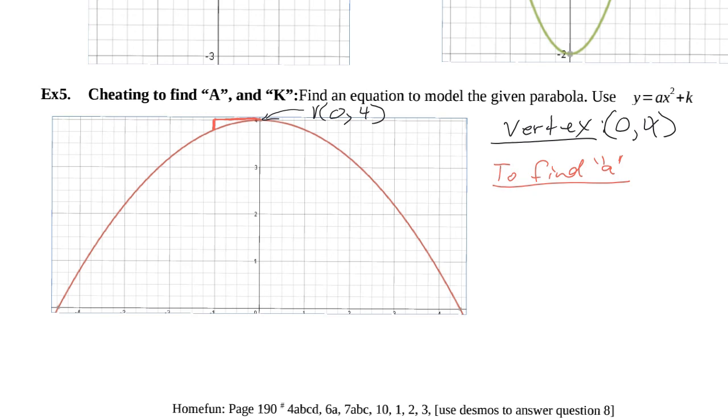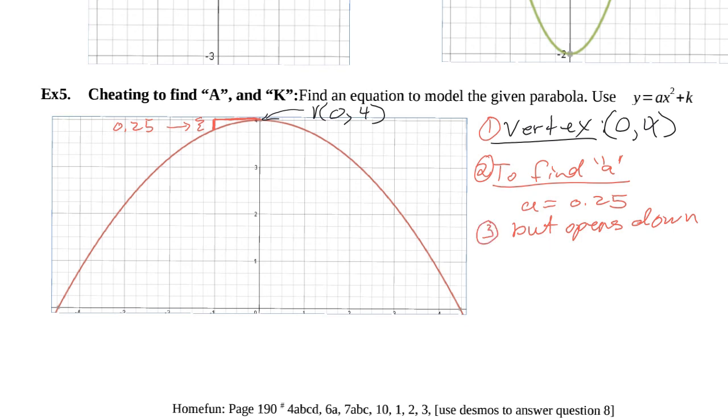This distance here is about 0.25. And that is what A is. A is equal to 0.25, but it opens down. Remember that. So 1 is to find the vertex, 2 is to find A, and 3 is to determine whether it opens up or down.